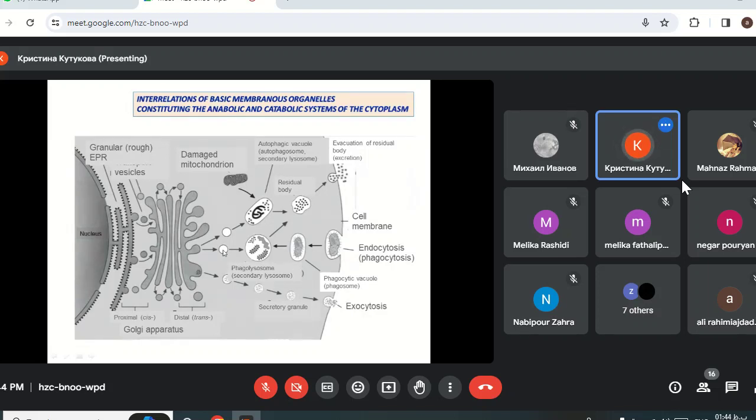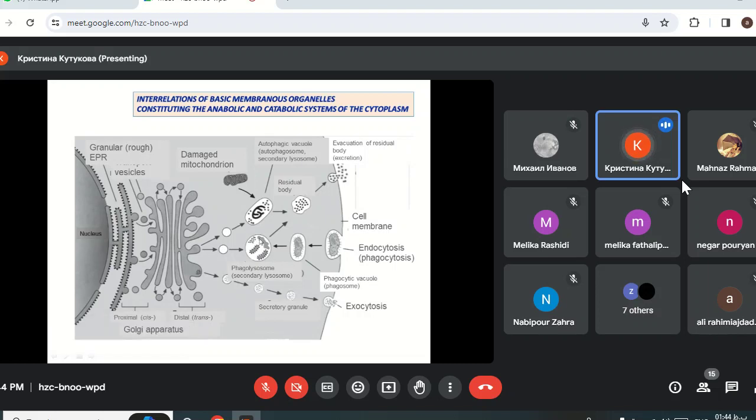Next, the vesicle with enzyme fuses with this vesicle containing bacterium, and the enzymes start to digest the bacterium. And this vesicle containing enzymes and what they are digesting, in our case bacterium, will be called phagolysosome or secondary lysosome. Phago because it's from phagocytosis, lysosome because it's from lysosome, the vesicle containing enzymes.